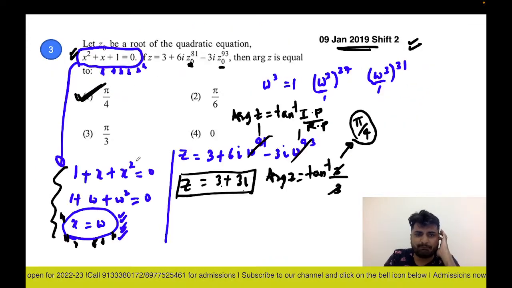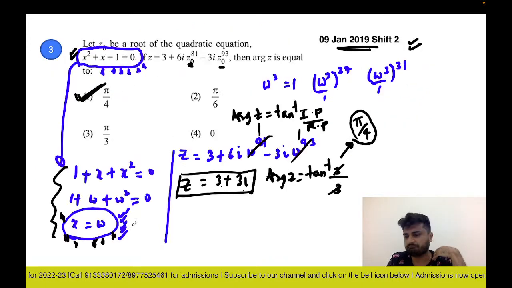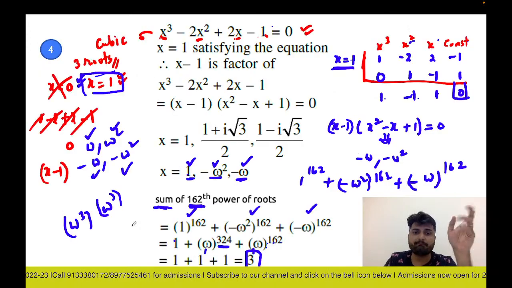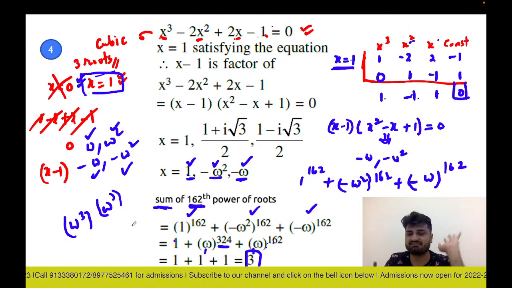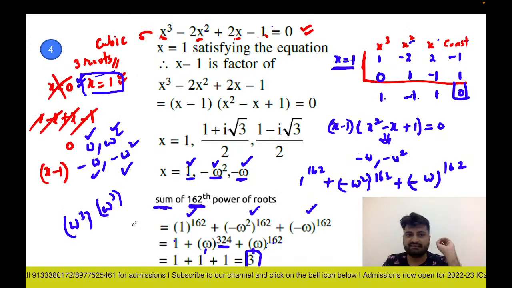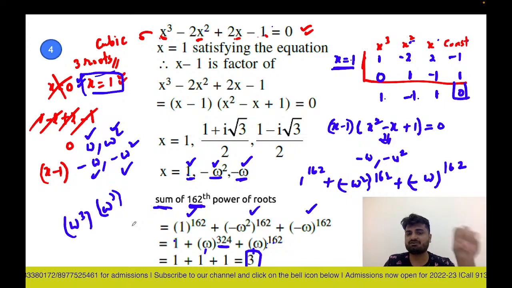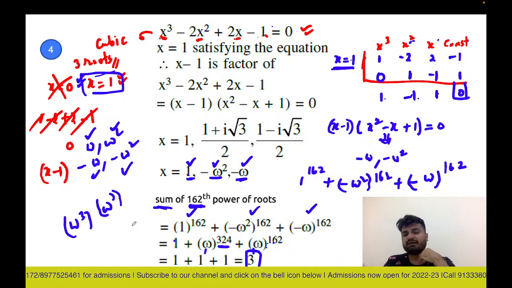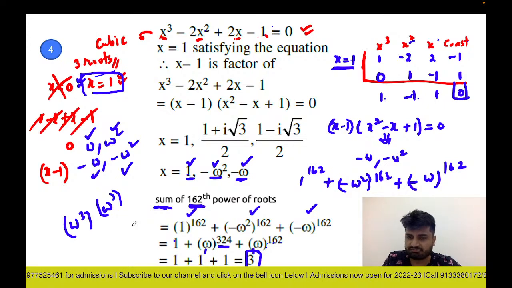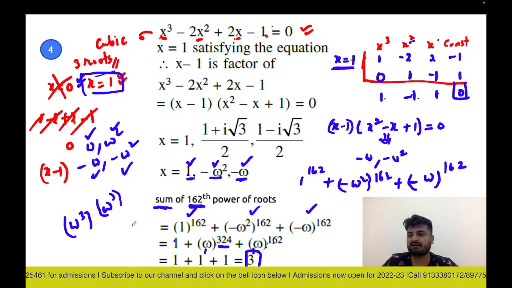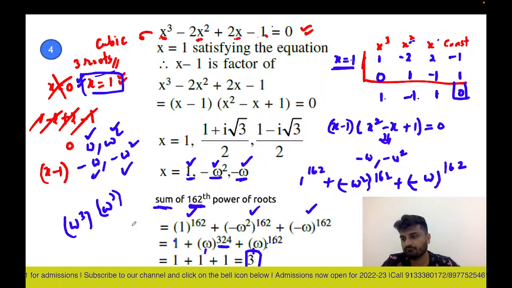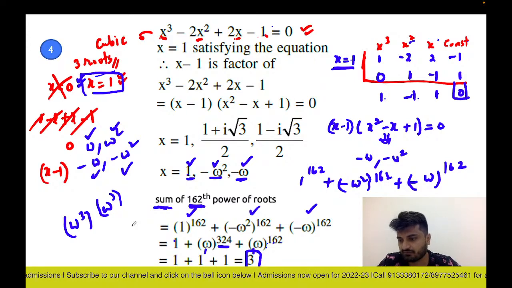Like for example, in the previous question, omega satisfied. In this question, minus omega and minus omega square will satisfy. So the 3 roots we identified are 1, minus omega and minus omega square. We can do the 162nd power of that and add them. So we will get answer as 3. Is it clear, everybody? All of you?